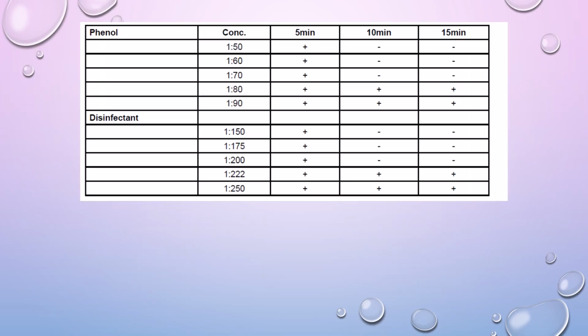In the table, you can see the values for both the disinfectant as well as phenol. Here, the phenol dilution of 1:70 failed to kill the test organism in 5 minutes, but killed it in 10 minutes. The test disinfectant gave the same results at the dilution 1:200.